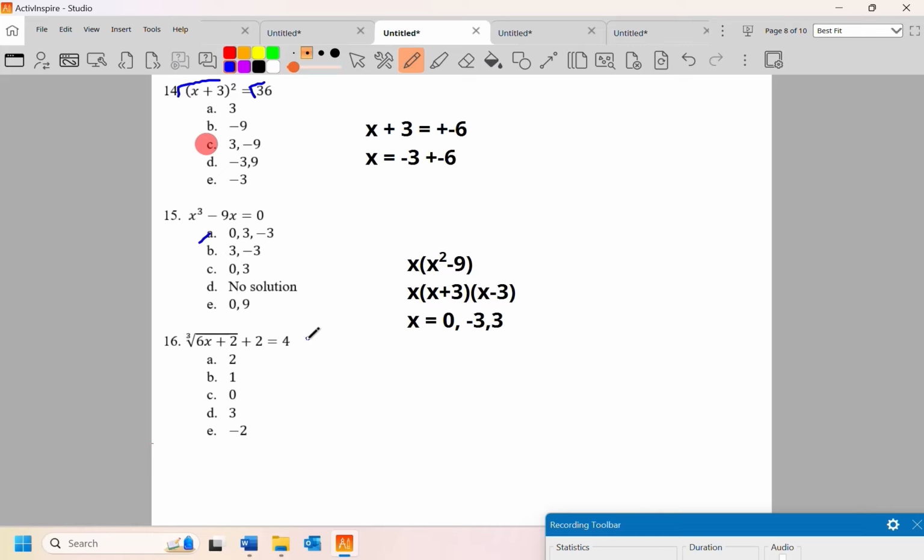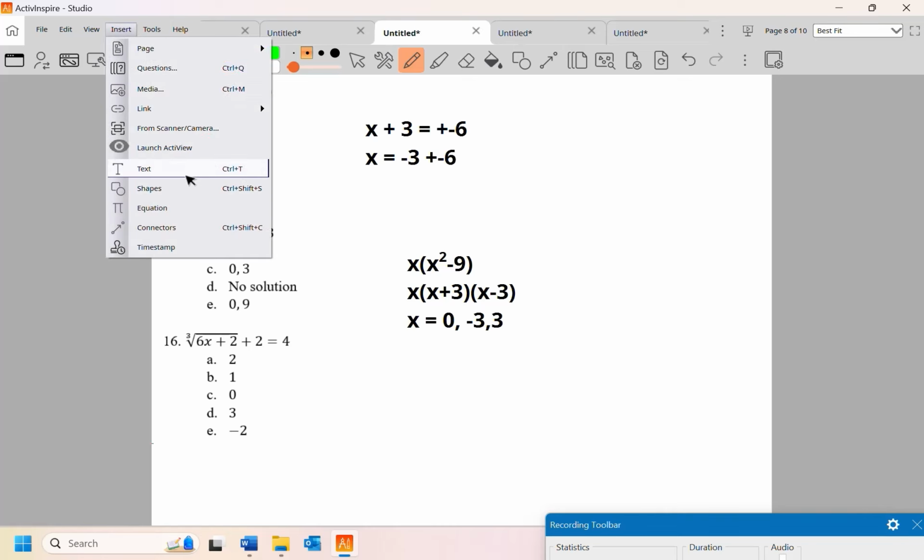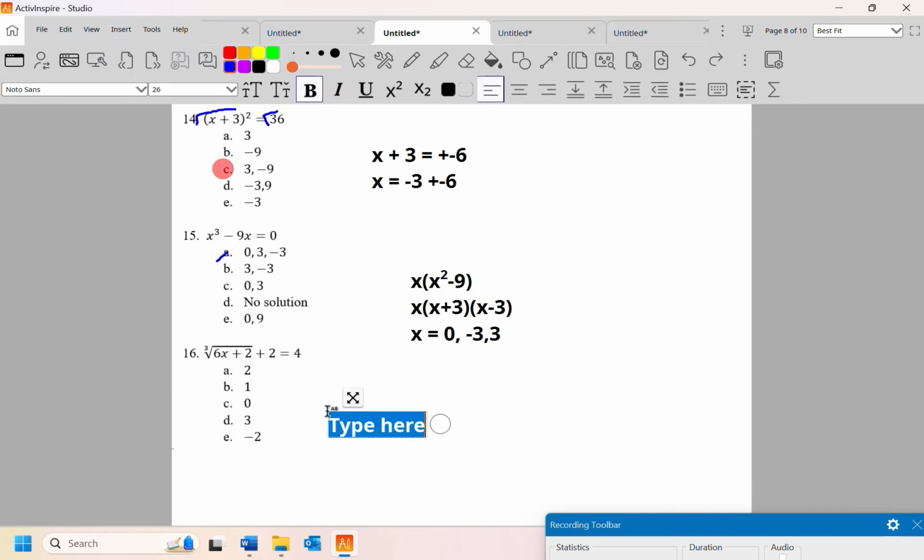Number 16, we're going to isolate the radical. And I'm going to have to switch over to exponential notation to type this thing out. Now, the third root is going to be the 1/3 power. Four minus 2 is 2. The opposite of the 1/3 power is to cube everything.